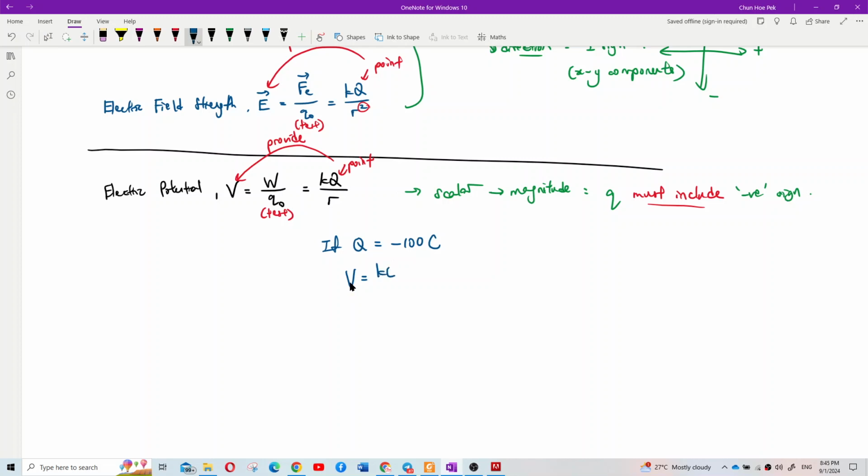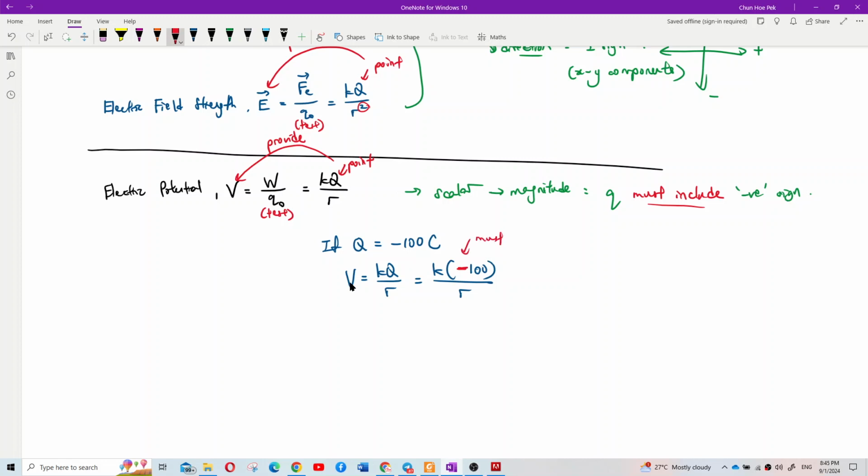We use KQ over R, isn't it? This Q, you must substitute the negative. The negative sign must be included.